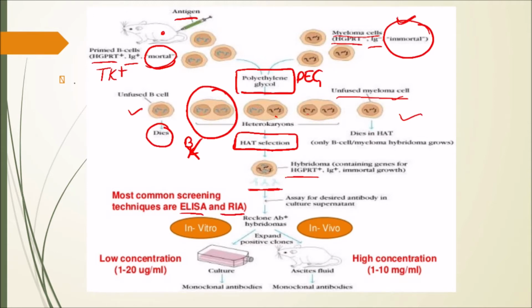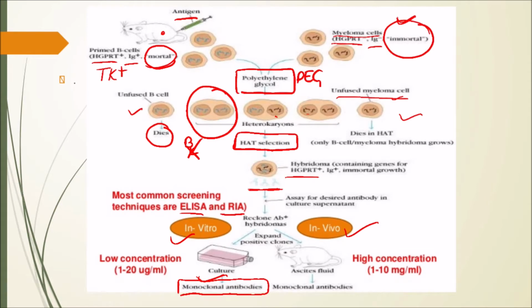And for the recloning of these antibody hybridomas, two processes can be used. One is in vitro and the other is in vivo. For the in vitro process, these cells are cultured in an external medium, and more monoclonal antibodies can be generated.